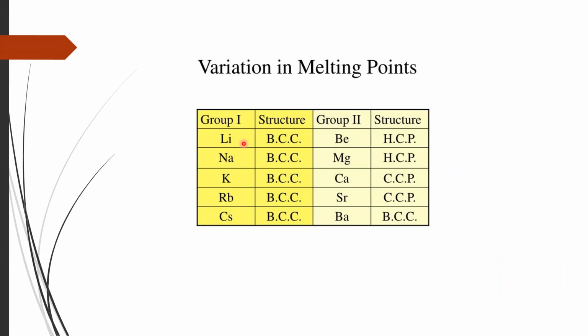So these are the various structures related to the elements. These structures we are going to study in grade 12 in the chapter on solid state chemistry. Lithium shows BCC, body centered cubic structure, whereas HCP means hexagonal close packing structure, and CCP means cubic close packing structure.